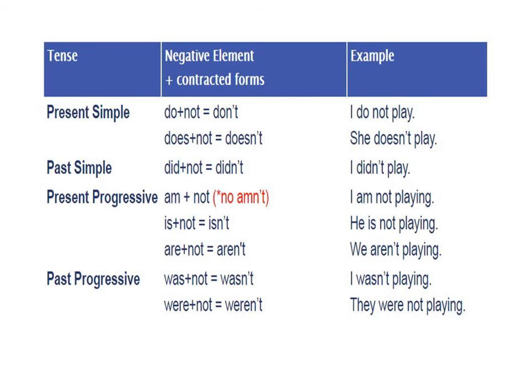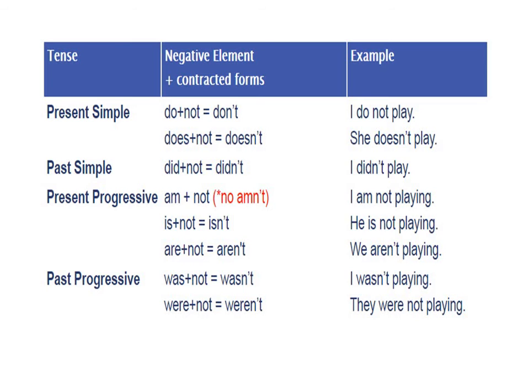Now we are going to study how, according to the tense, we change simple sentences to negative ones. So the tense, then we have the negative element plus contracted forms.